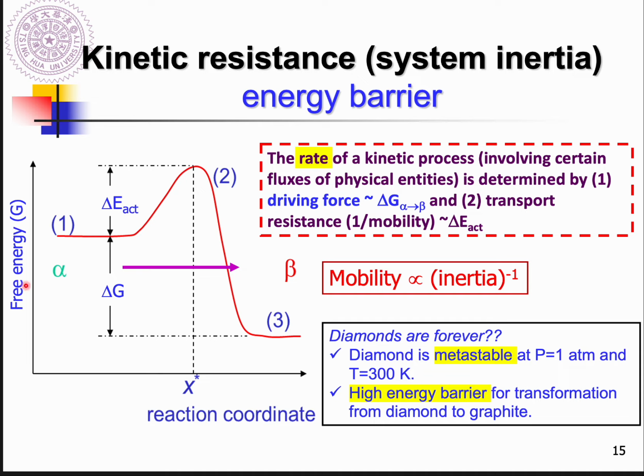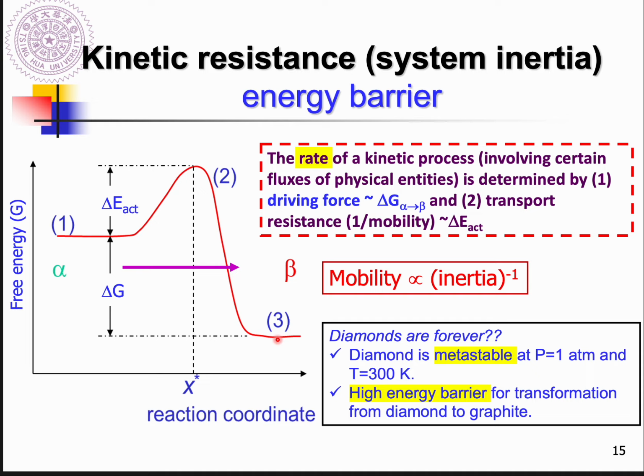So based on this, we can consider the sp3 diamond will be with a higher free energy here at 1 atm and room temperature, and the graphite sp2 carbon with a lower free energy will be like this, right?